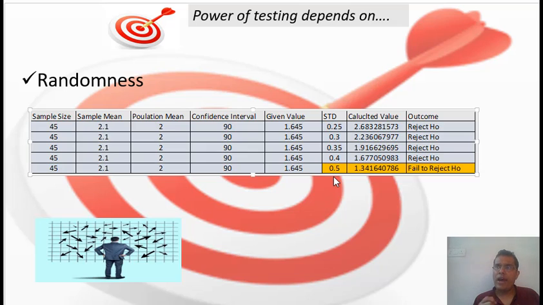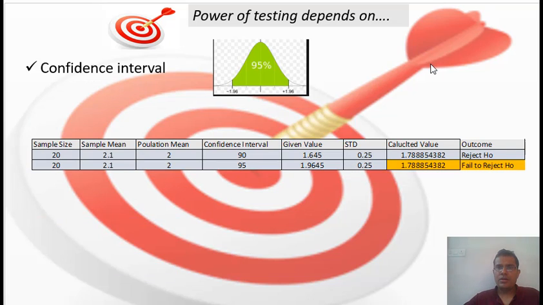Let's discuss the third factor, that is your confidence interval. So in confidence interval, I have again taken a similar example. Only thing is, instead of changing the other values, I am changing the confidence interval. I am changing it from 90 to 95. If I change the confidence interval, your given value will change because at each confidence interval, your given value is fixed.